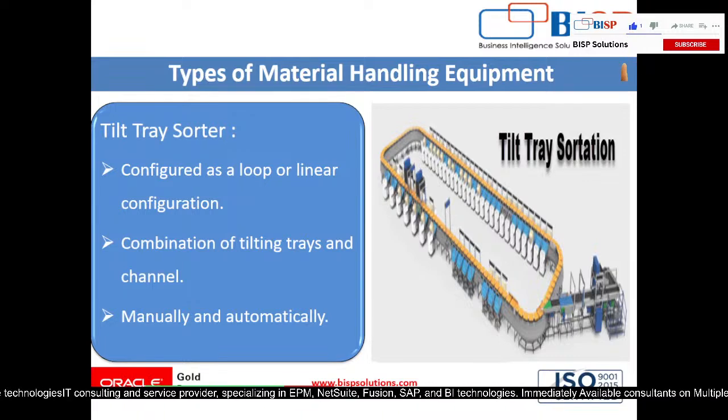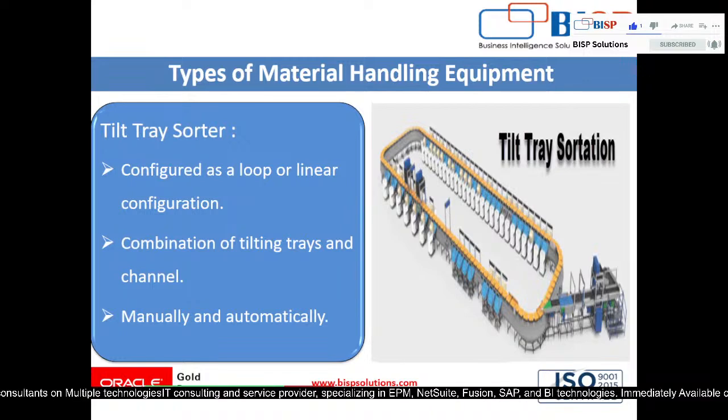The tilt tray sorter is a highly reliable and effective sortation system, and it can be configured as a loop or a linear configuration depending on the shop floor space availability and your application requirements, right? The tilt tray sorter is comprised of a combination of tilting trays and channels that deliver the product to the assigned location.